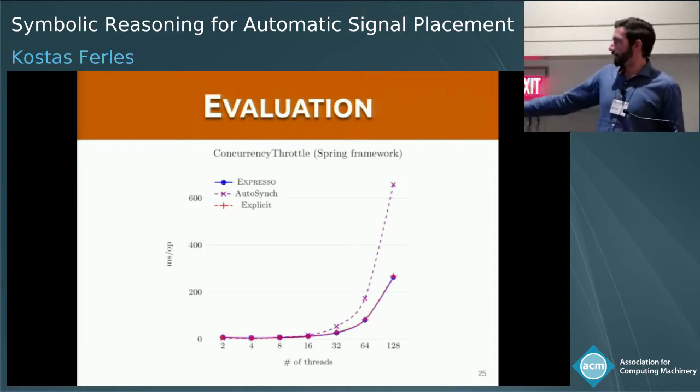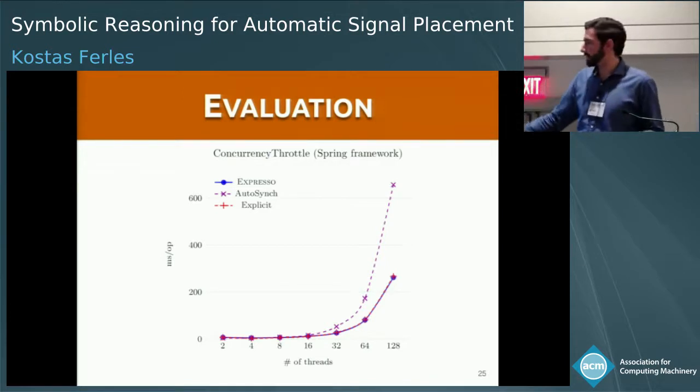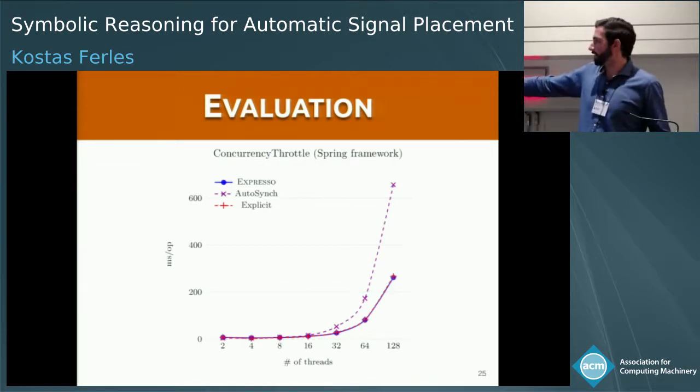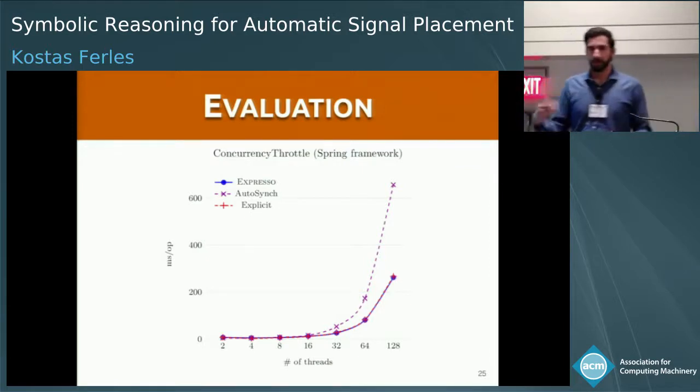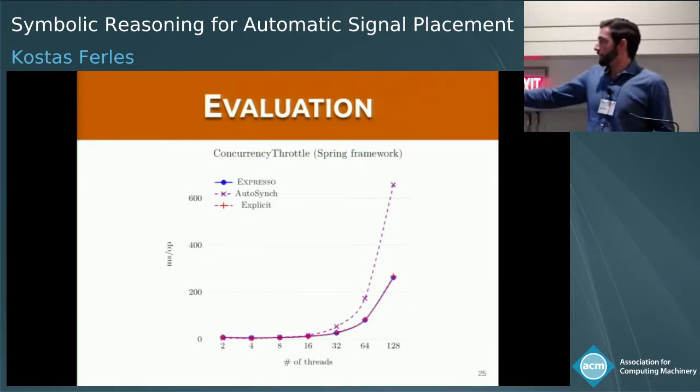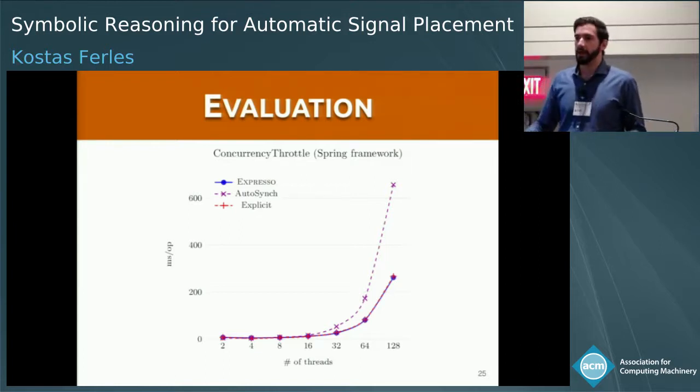You can distinguish only two curves, which is good for our case because our curve overlaps with the explicit signal monitor implementation as taken from the project. And also AutoSync tends to add runtime overhead as the number of threads increases.